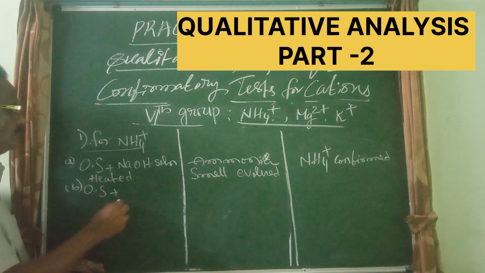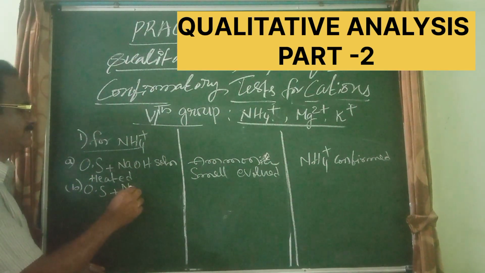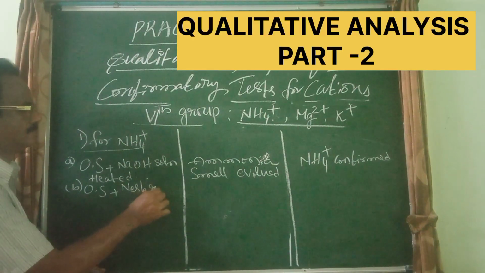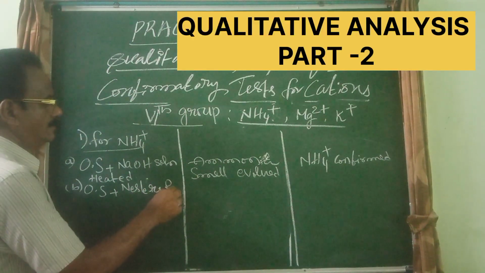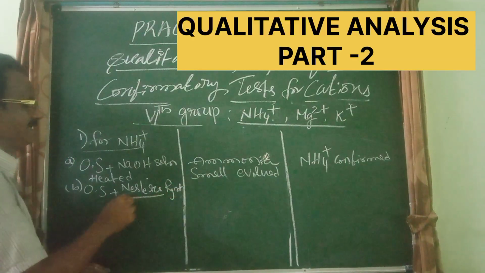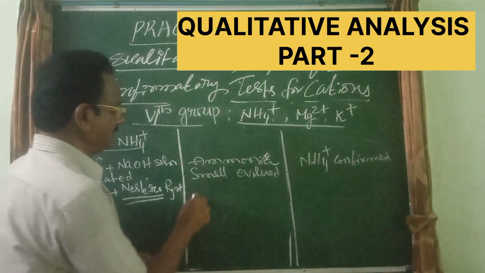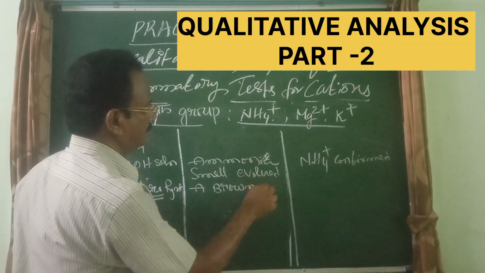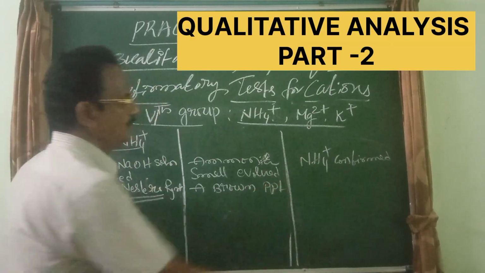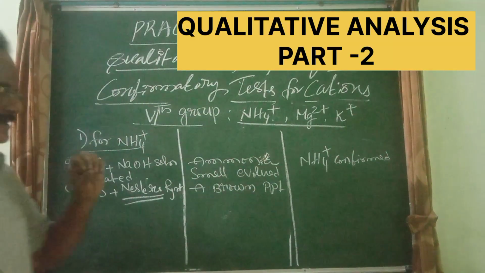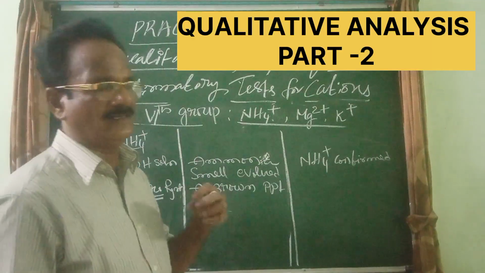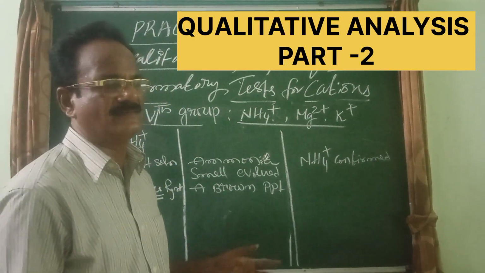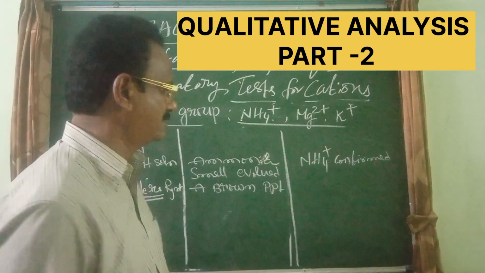Consider this as test 2. If the original solution is added with Nessler's reagent, a brown precipitate will be formed. This is the second one, but it is not to be considered a perfect test, as Nessler's reagent may be contaminated in so many cases.